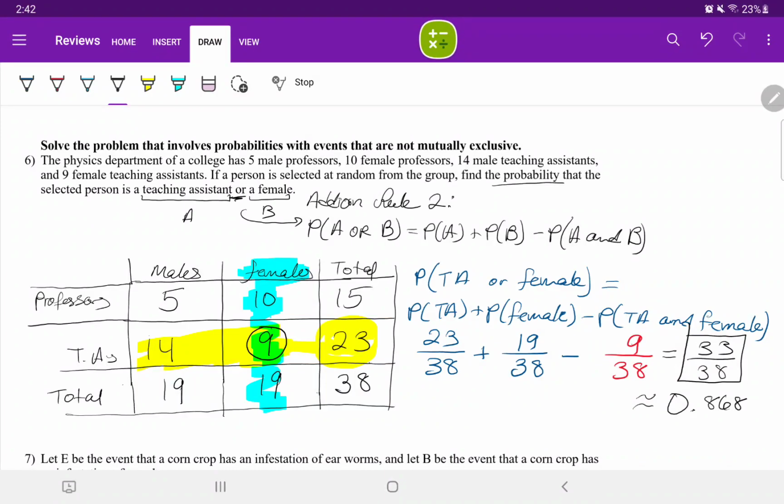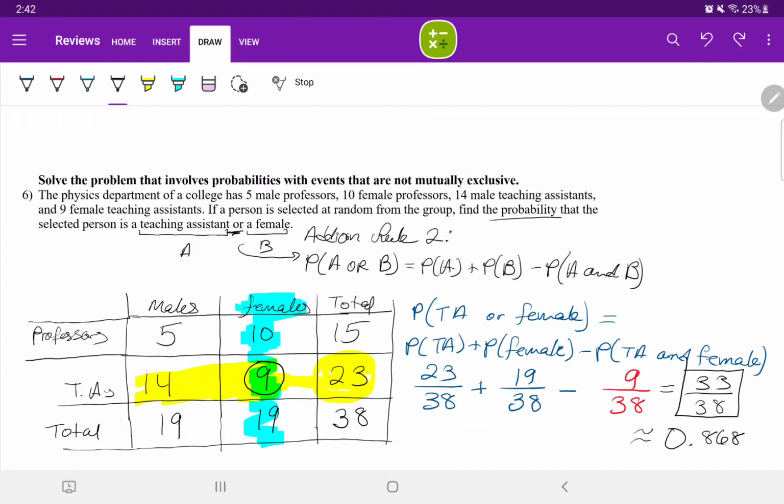Now, let's do it when we don't have to do the addition rule or create a table. We're going to go into the question. It says, find the probability of a teaching assistant or a female. Or means to add. So that means you're adding every category that contains a teaching assistant or a female. This right here contains a female.